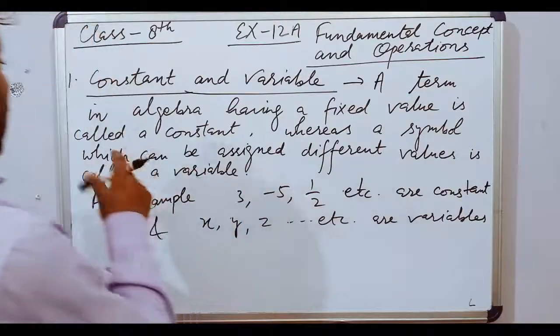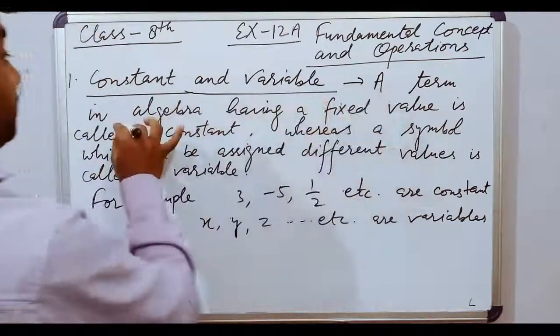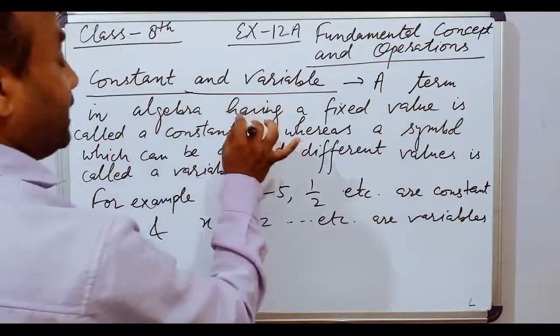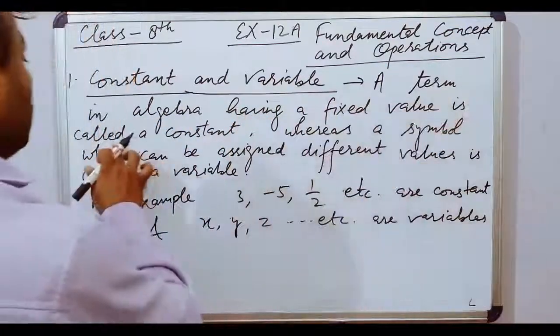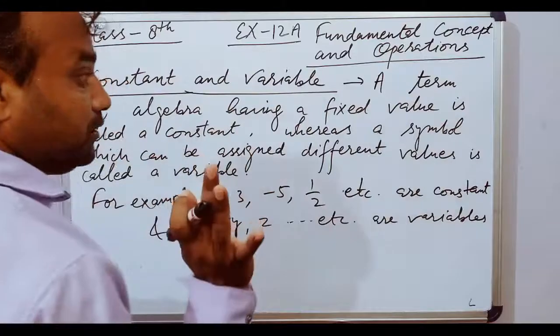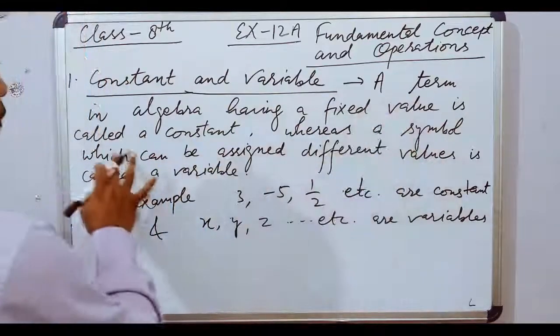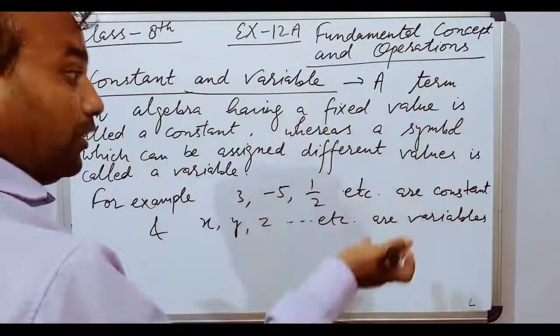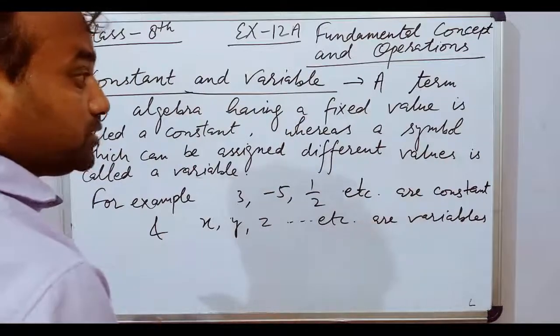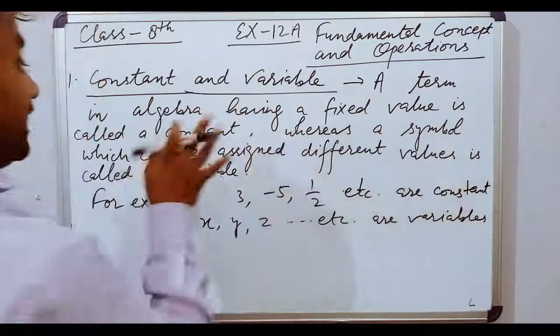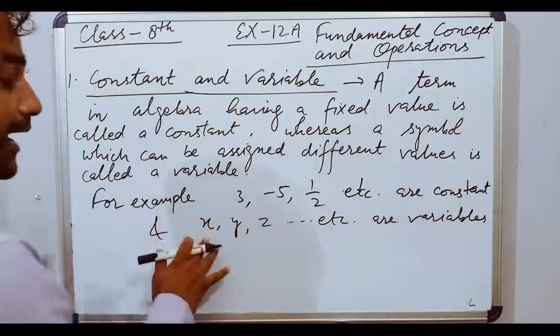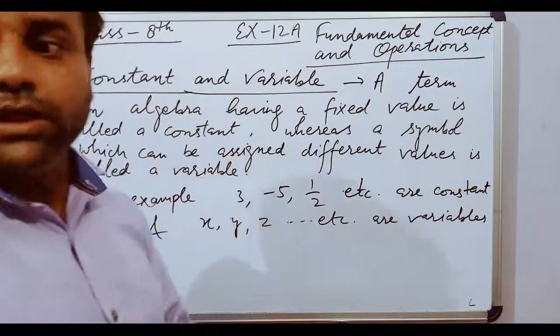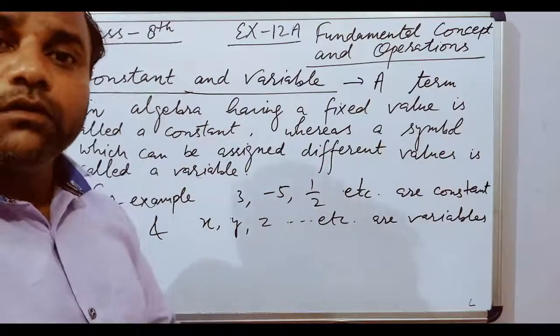Okay, I am reading: a term in algebra having a fixed value is called a constant, whereas a symbol which can be assigned different values is called a variable. Different x may be 2, 3, 4, 1 upon 2, 1 upon 4.